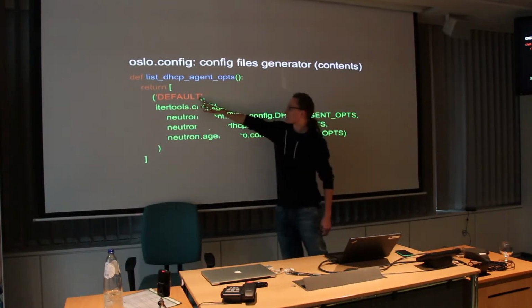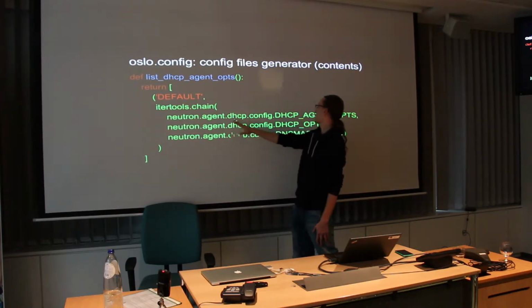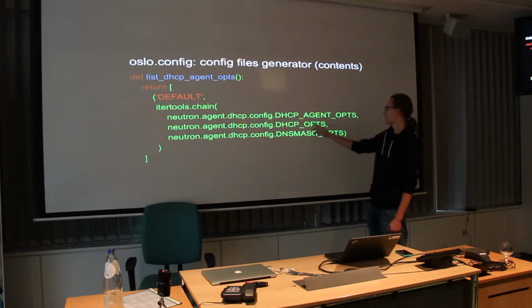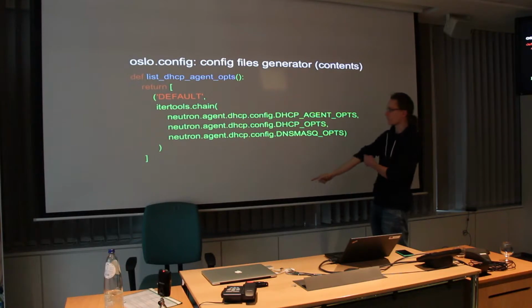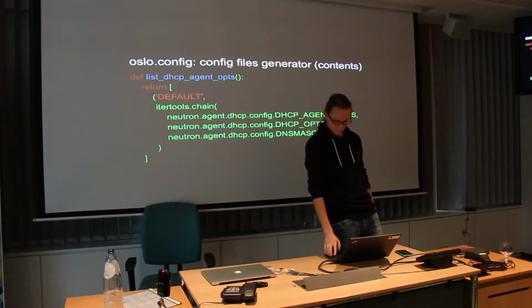So that's the name of the section, and that's some iterator chain with the list of the options. So in the end, you will get those options into your DHCP agent configuration sample file, plus maybe others that are included in other namespaces for this file.